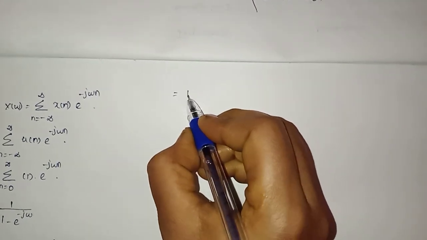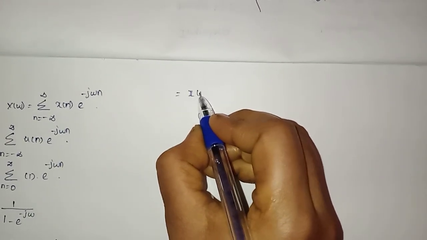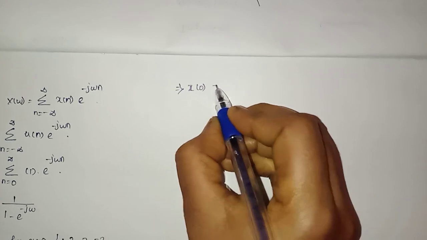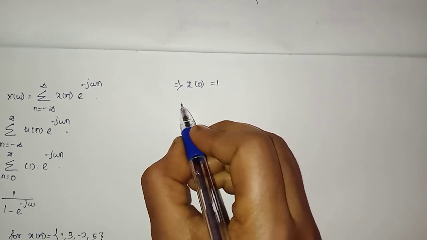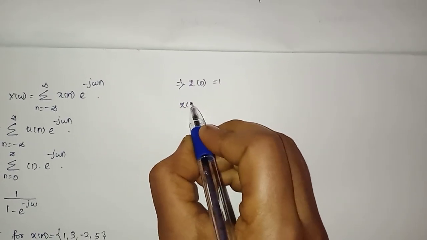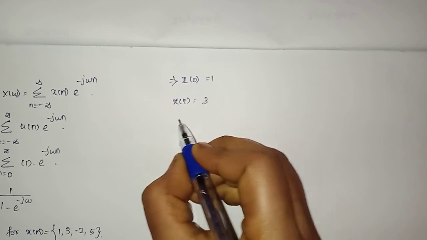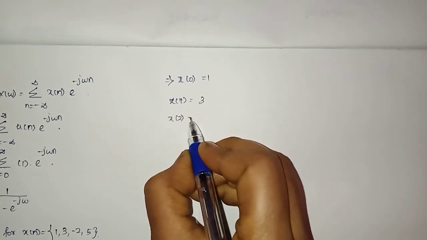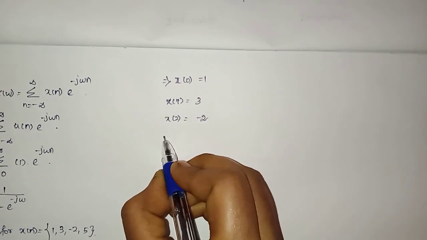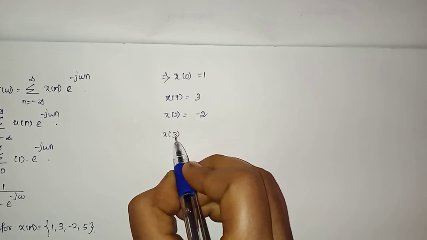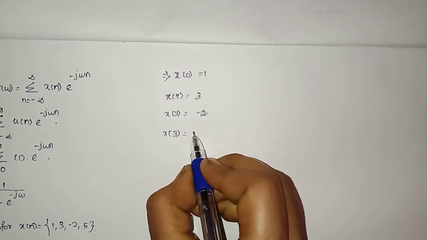From the question we have to find the values of x of 0 to x of 3. Looking at the question, x of 0 is equal to 1, x of 1 equals 3, x of 2 equals minus 2, x of 3 equals 5.